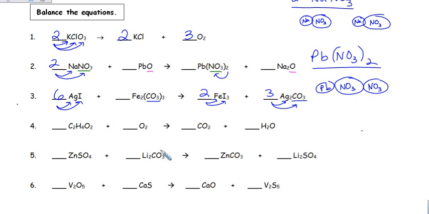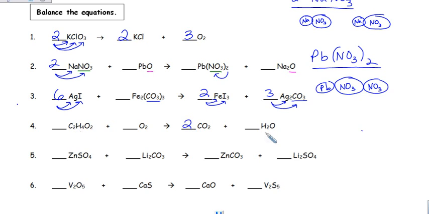In number 4, I have no choice but to just balance the total amount of oxygen. Now I'm probably going to leave that to the end, and I'll hope that by balancing everything else, maybe the carbon ends up being easier than I expect. So I need 2 carbons on both sides. 2, 2. There we go.